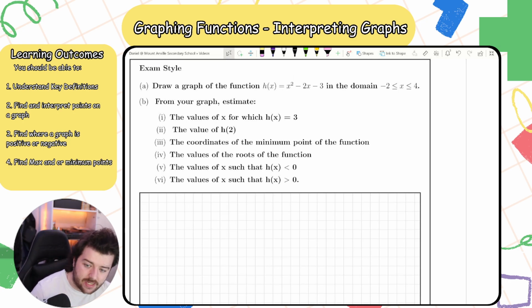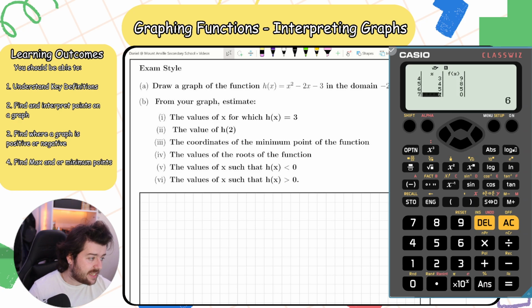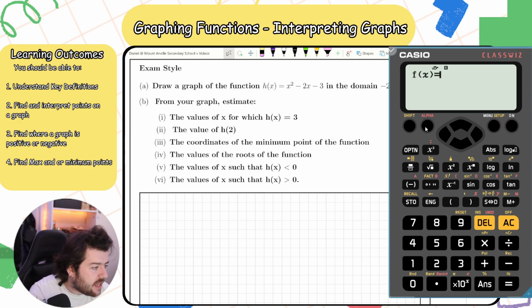We could do a little table of values, but I am not bothered. So I'm going to use my handy dandy little calculator. My function is x squared minus 2x minus 3.